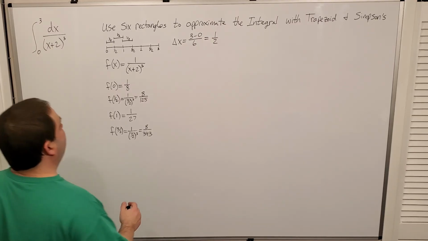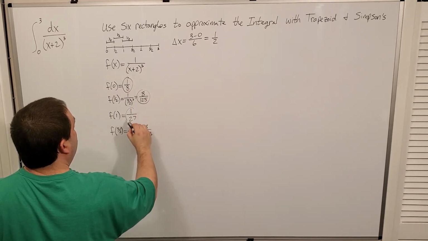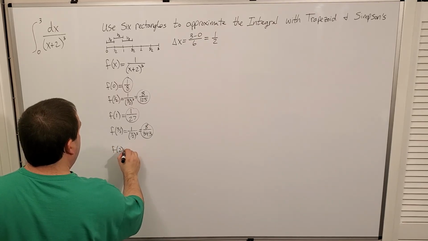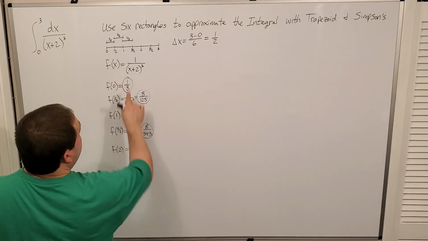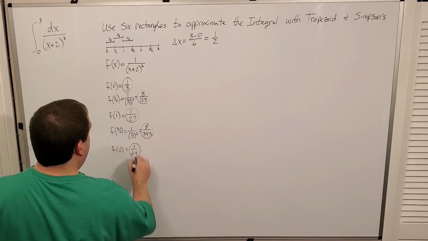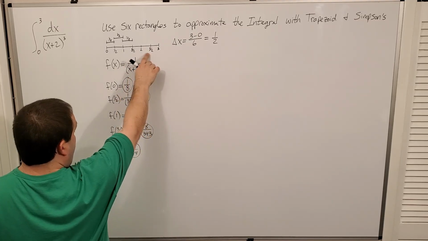Yep, very good. Okay, so far, let's see, where am I at? Okay, I need f of 2, which is going to be 4 cubed, right? That's 1 over 64. I'm going to need f of 5/2.